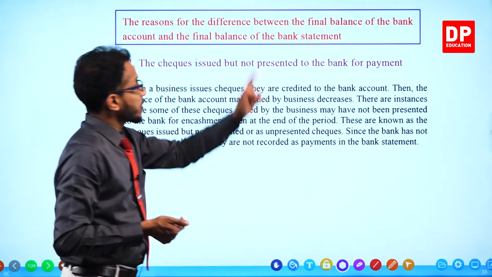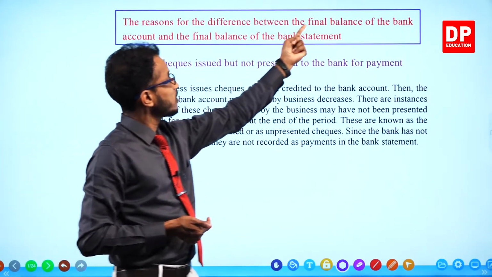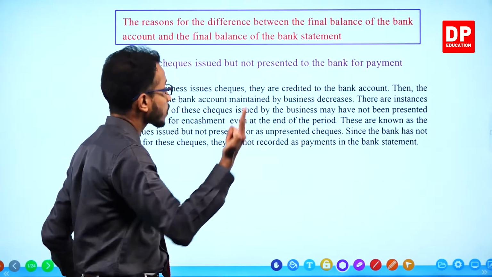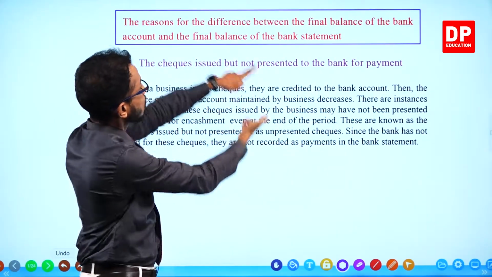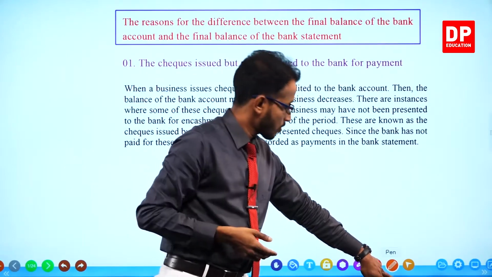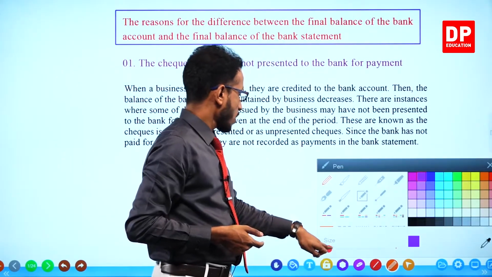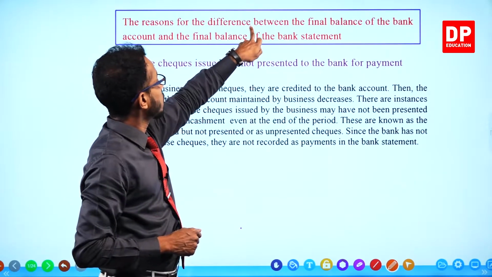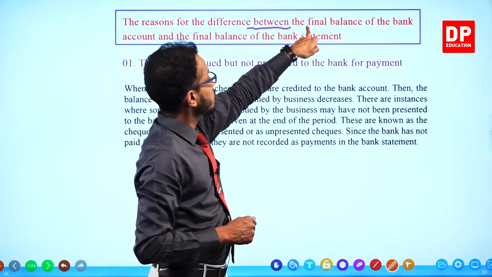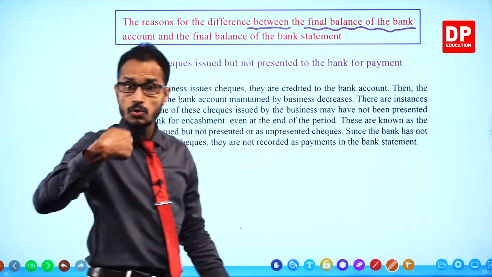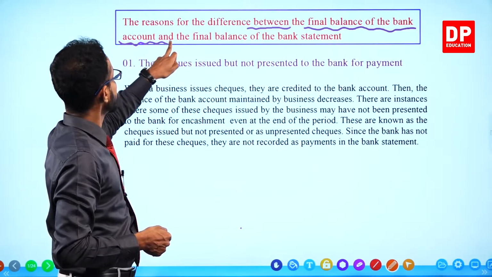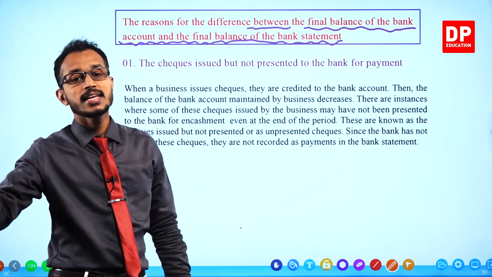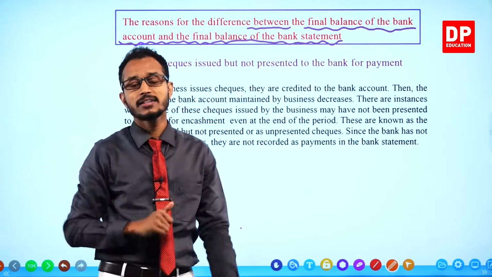So when we say there is a difference between the final balances, I'm talking about this: the final balance of the bank account that we prepare in the business and the final balance of the bank statement that is sent to us by the bank.